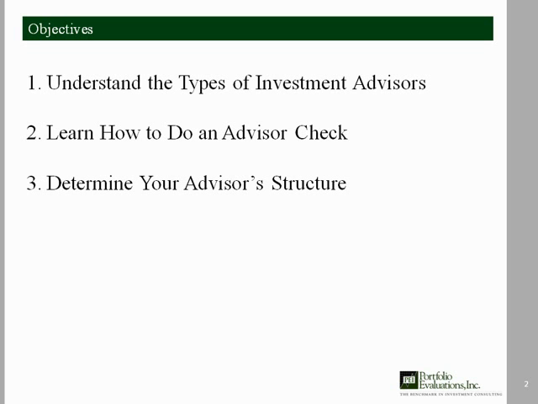We'll talk about the different types of advisors practicing in the industry today. We'll talk about the fiduciary status and possible conflicts of interest and how you can check for some of the warning signs of a possible conflict of interest. And finally, to give you the tools and knowledge so you can actually go and verify the claims and credentials being made by an advisor you're currently working with or looking to work with through an advisor check.